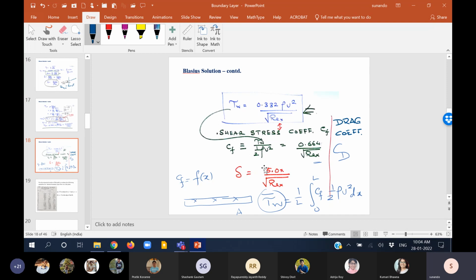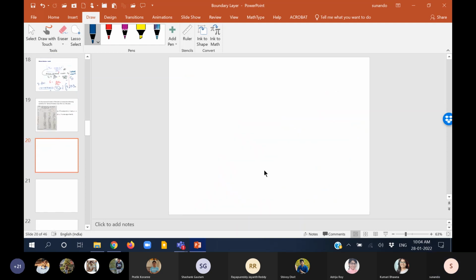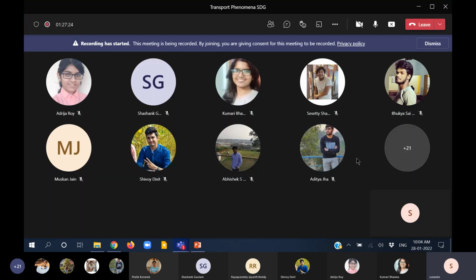For turbulent flow, they will be different, and this again shows us that we need to have something of a more robust technique to handle boundary layers than the analytical approach that we are discussing so far. Any question? Okay, so I will take a break, and once I come back, we will solve some problems based on whatever we have discussed so far.